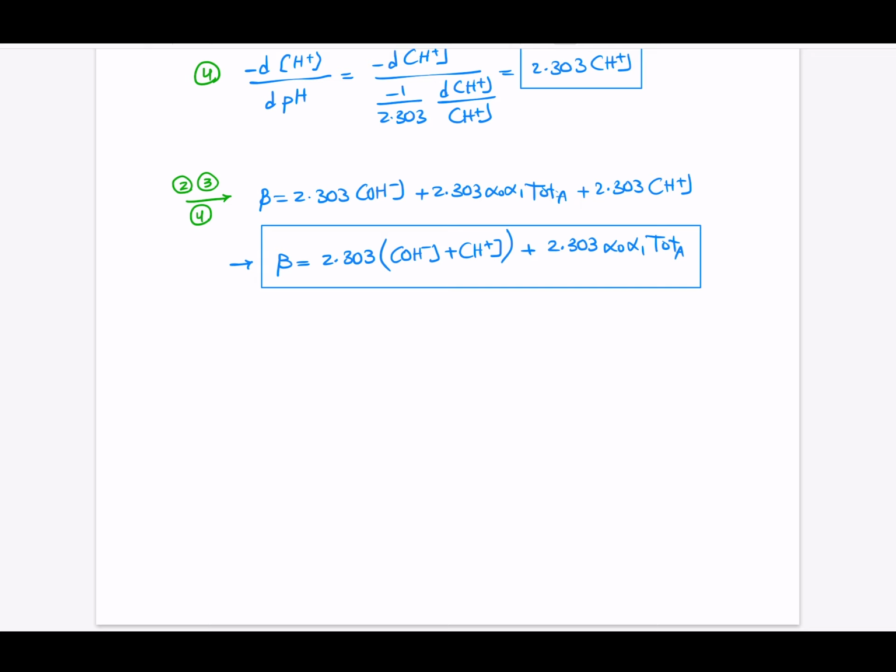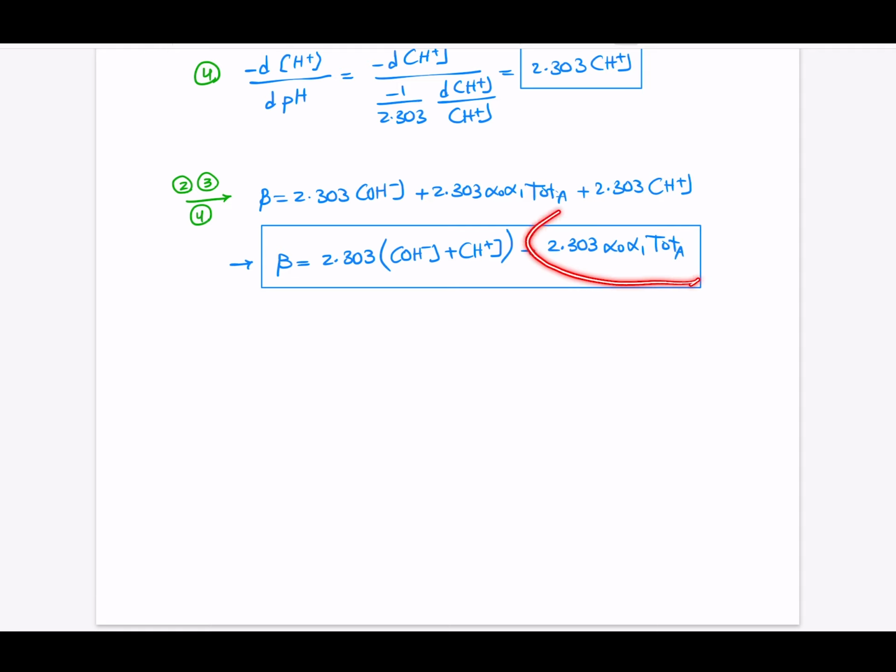Why do you think I rearrange it this way? What is this one? No, don't confuse yourself. What is this contribution?